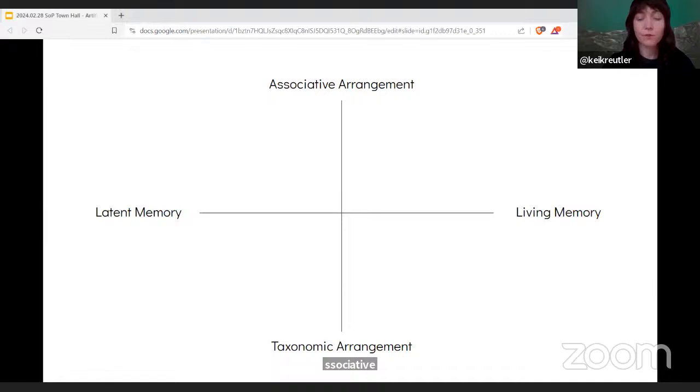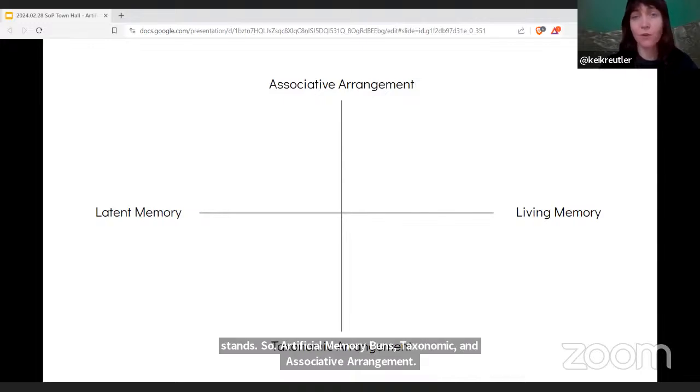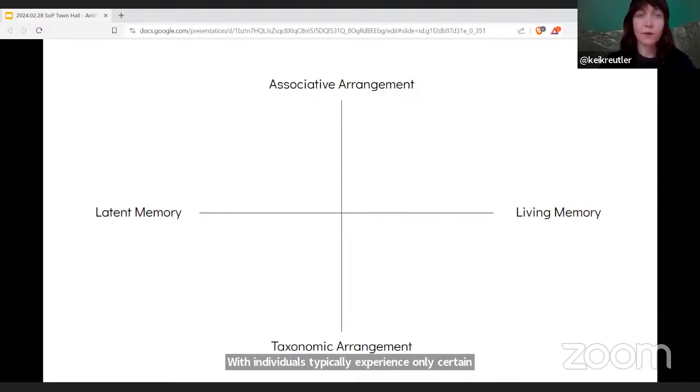And to have this framework, I should say that more often than not, these categories are not mutually exclusive, and they often depend on the perspective where someone stands. Artificial memory blends taxonomic and associative arrangement, with individuals typically experiencing only certain aspects of each. For example, a taxonomic memory database informs associations for a researcher.